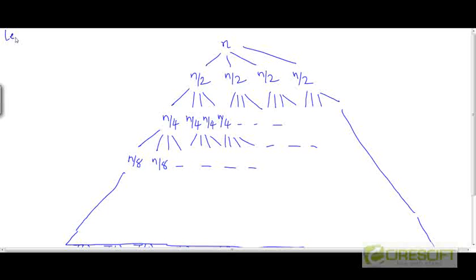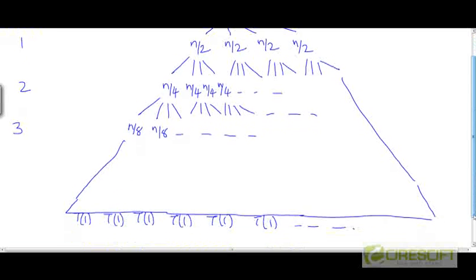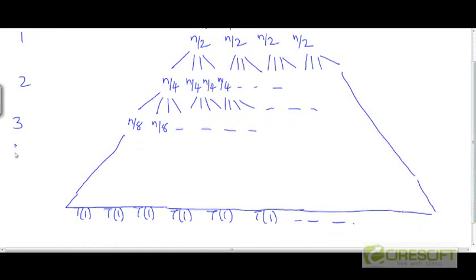So if we mark the levels of this tree, the topmost layer is level 0, the next layer is level 1, the next layer is level 2, the next layer is level 3, and so on.